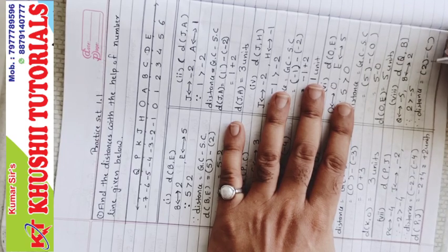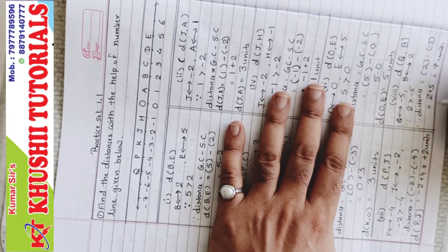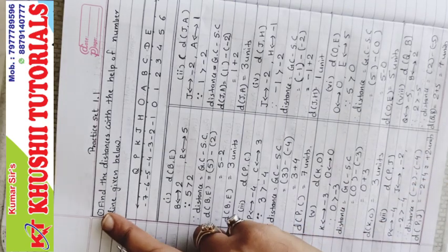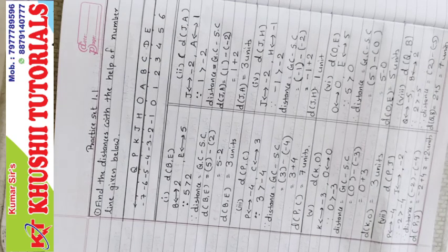The greater coordinate is 2, the smaller is minus 5. So 2 plus 5 equals 7 units, and distance Q comma B equals 7 units. And this is the end of sum number 1 of exercise 1.1. Sum number 2 is also similar. We will do sum number 2 now.